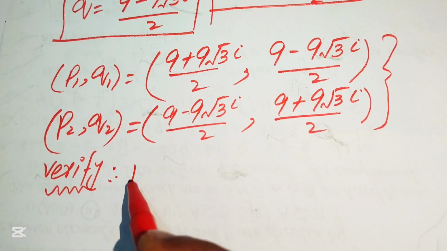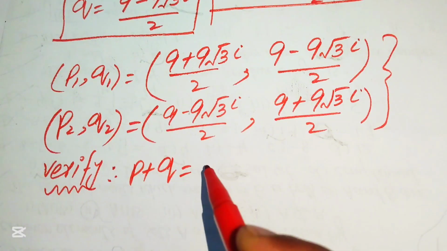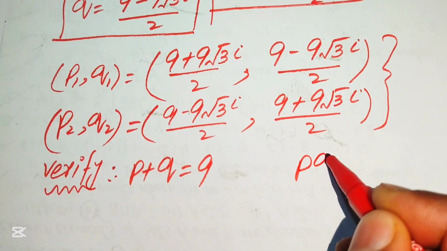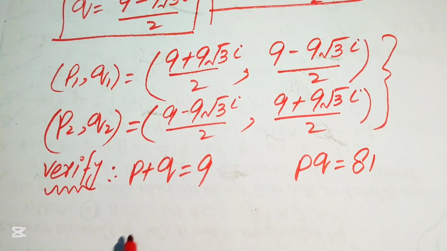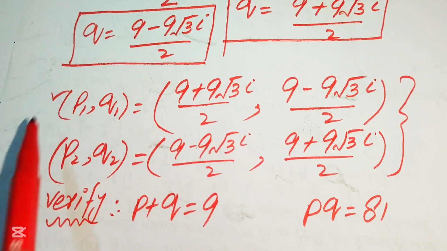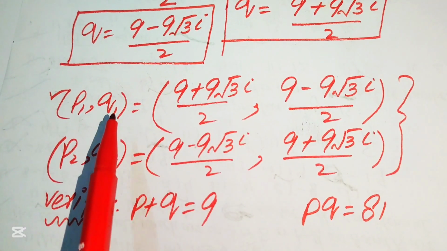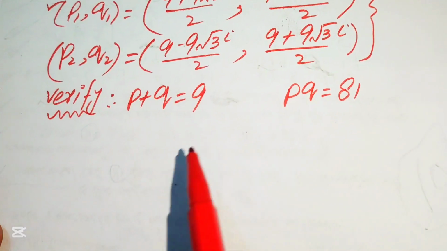The two given equations are p + q = 9 and pq = 81. Here we verify our first solution. We put these two values in both equations.